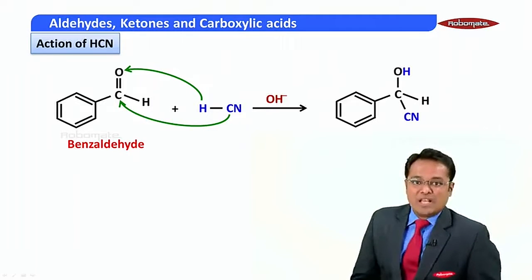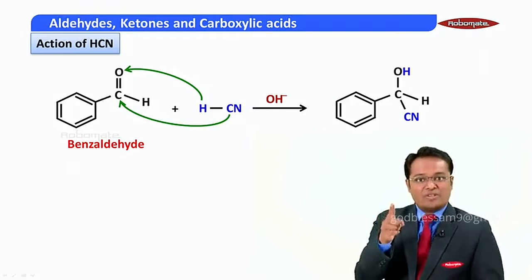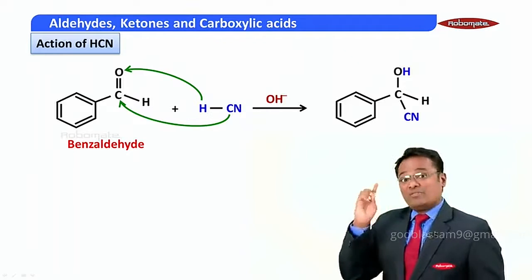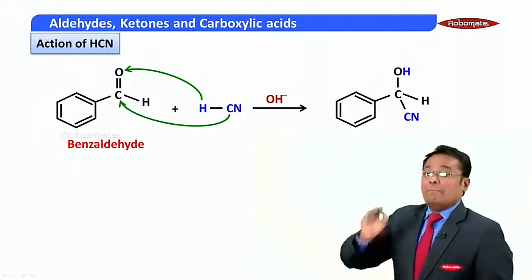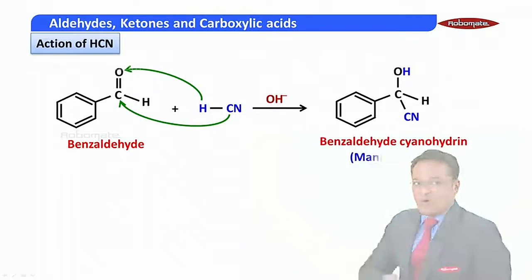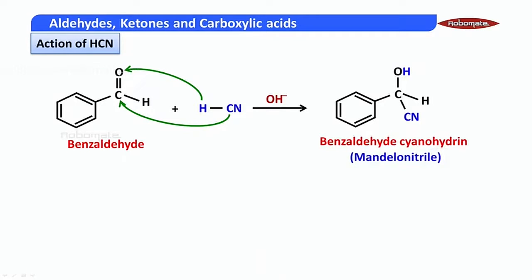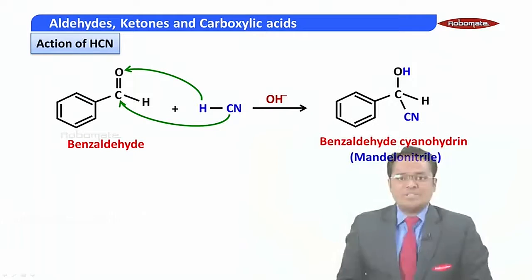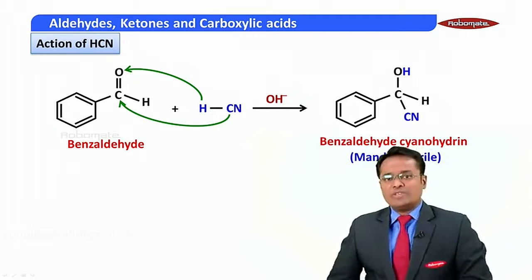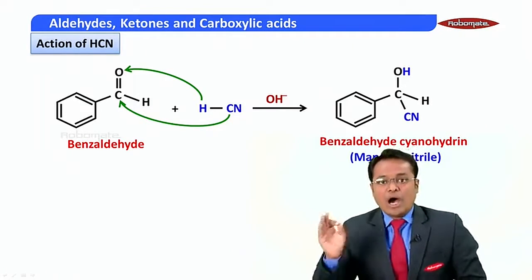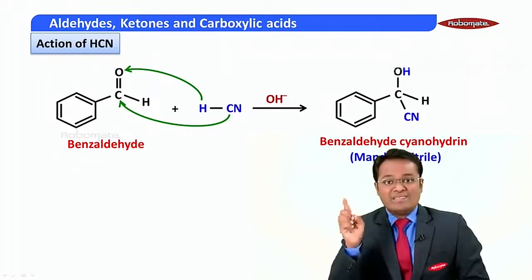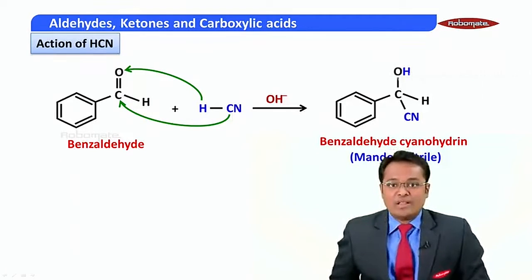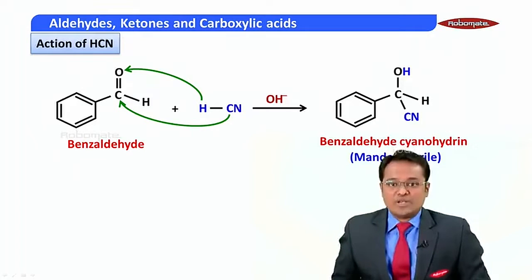The name of this particular compound is cyanohydrin, students, remember, but it is obtained from benzaldehyde, so can I name it as benzaldehyde cyanohydrin, which is also known as mandelonitrile. Now students, this is something very important for a board exam. They may ask you, how will you convert your benzaldehyde into mandelonitrile? This would be the reaction for it.